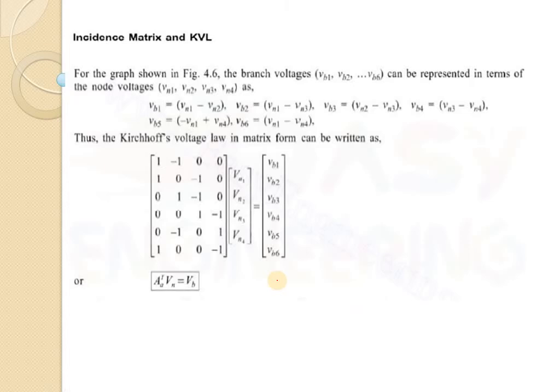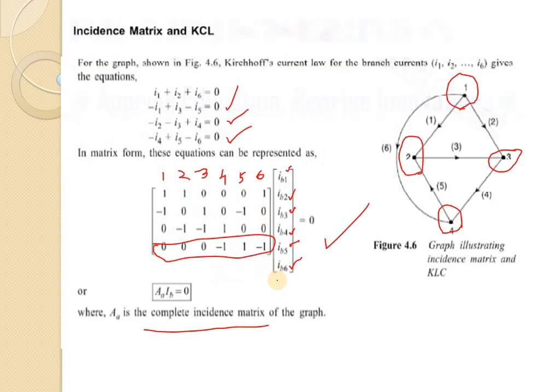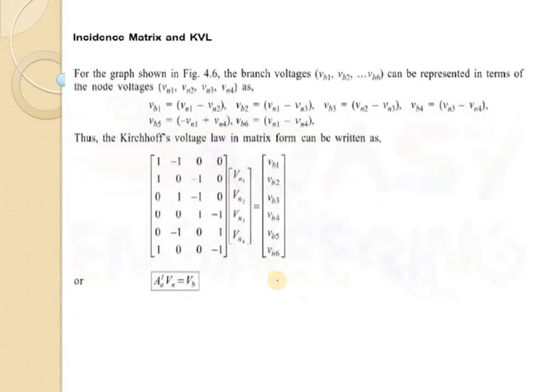Now, incidence matrix and Kirchhoff voltage law. Kirchhoff voltage law means the summation of voltage drops in a closed loop equals 0. We are taking the same figure of 4.6, and we are forming the Kirchhoff voltage law. So here all the voltages will be VB1, VB2, VB3, like that, up to VB6.